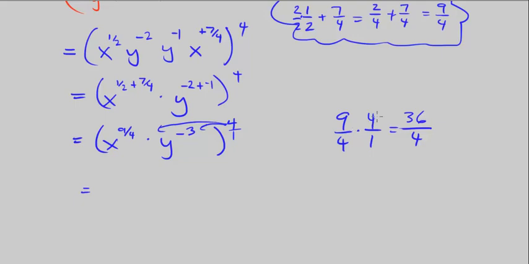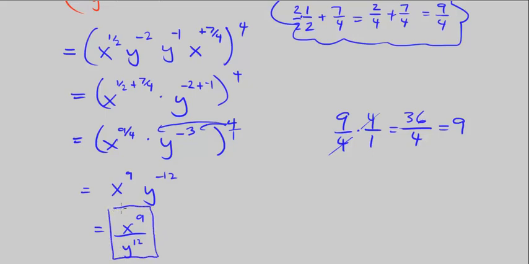Or we can see that we can cancel the 4 and the 4 right here, and we're going to get 9. Well, 36 divided by 4 is 9. So either way, it's going to be x to the power of 9, right? And then y, well, what's negative 3 times 4? It's negative 12. Right, and then we do not want negative exponents, so we make this into the denominator by making this a positive 12.